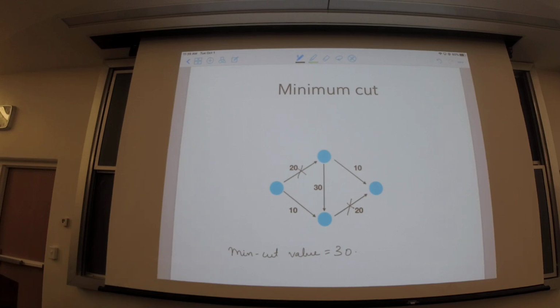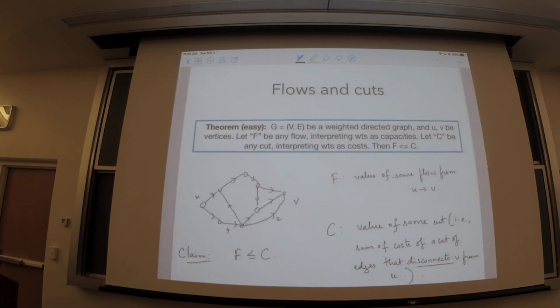All right. So any other questions? I'd like to claim that you can't have a flow which is more than a cut, and that this is intuitively a simple statement to see. So can you guys think of an intuition? Suppose you have an unweighted graph, like all edges have weight 1.